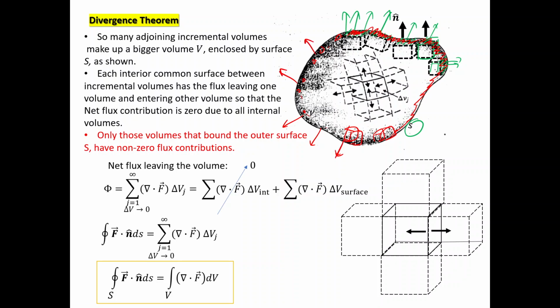Then there will be net flux outside. Flux cancellation only takes place for the internal volumes. Those volumes that bound the outer surface have non-zero flux contribution. There will definitely be a non-zero value of flux.